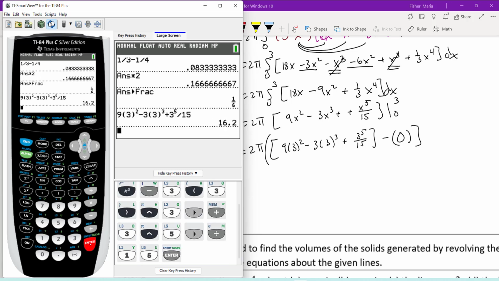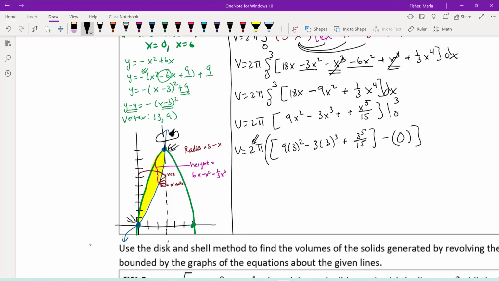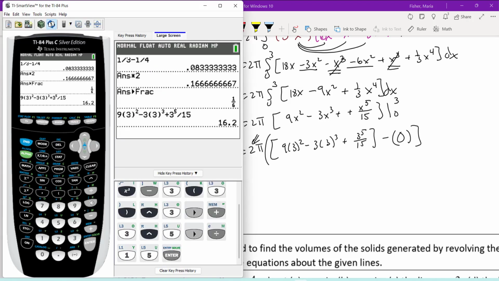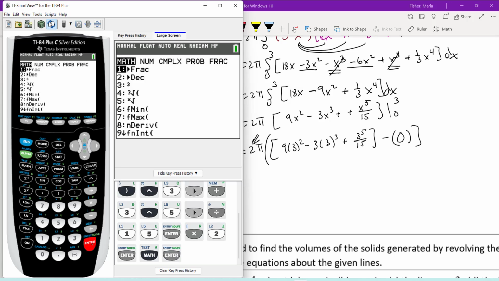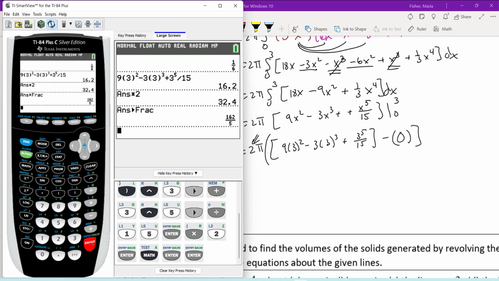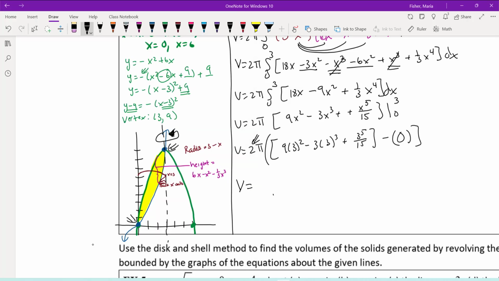Remember that we're going to have to take this answer and multiply it by 2, so let's go ahead and do that. So times 2. And then let's make that into a fraction, hit math, and then enter twice, and you get 162 over 5. So your volume here is going to be 162 pi over 5.